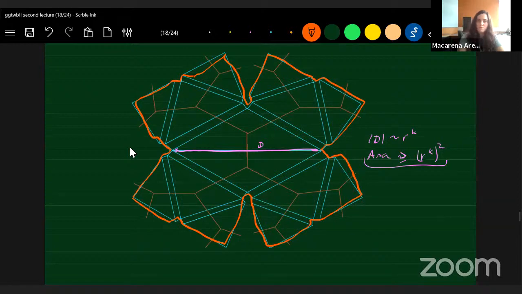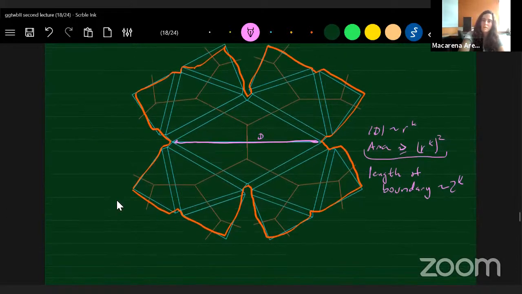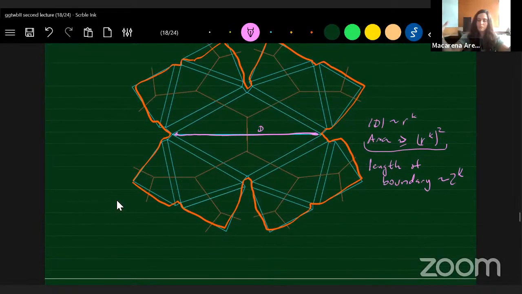So that's not a very good drawing, but the length of the boundary is related to the growth of the dual tree. So the boundary is about 2 to the k. And all of this together gives us an estimate of the area of a sequence of diagrams.